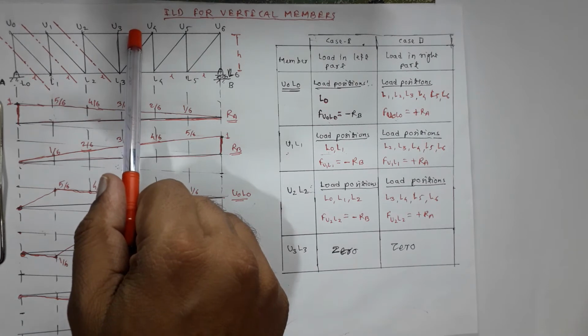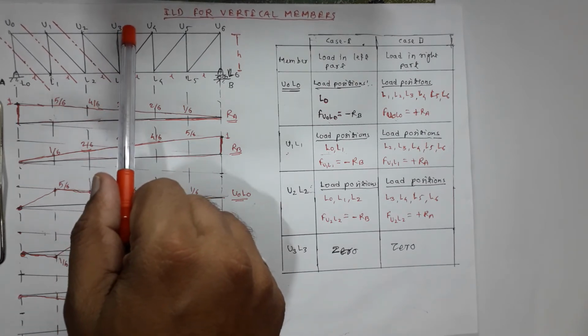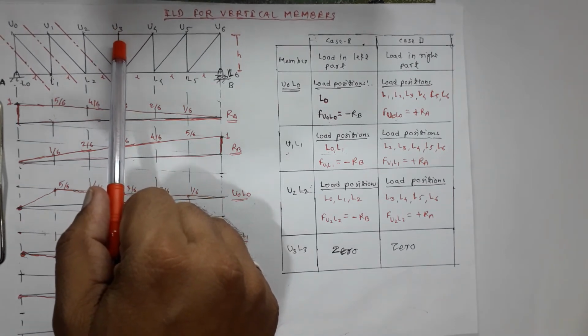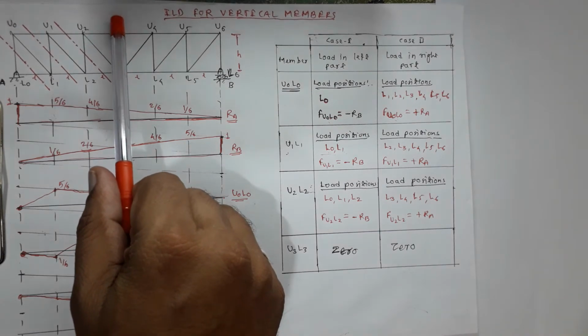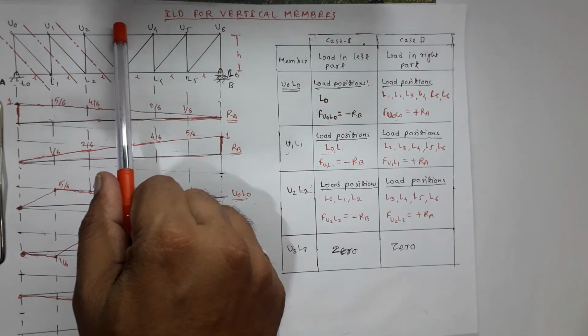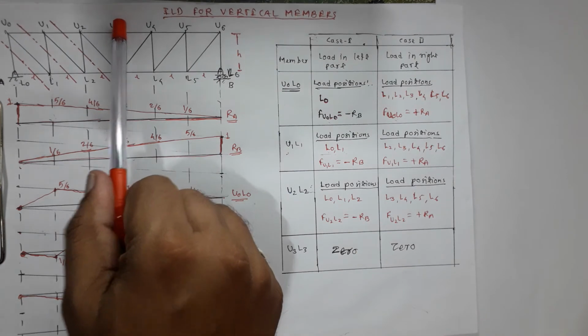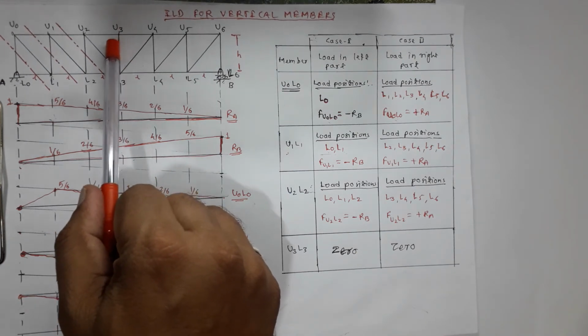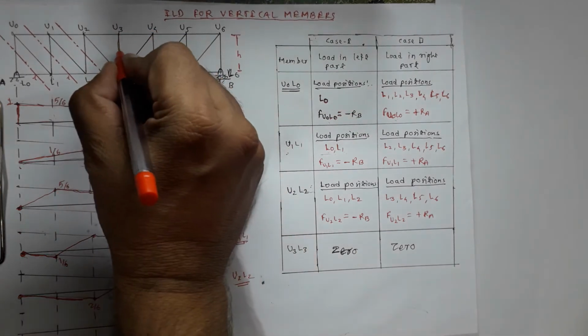Out of these three, there are two collinear members and one non-collinear member, and there is no external force or reaction at this joint. And if it is like that, we can say that this member is a zero force member.